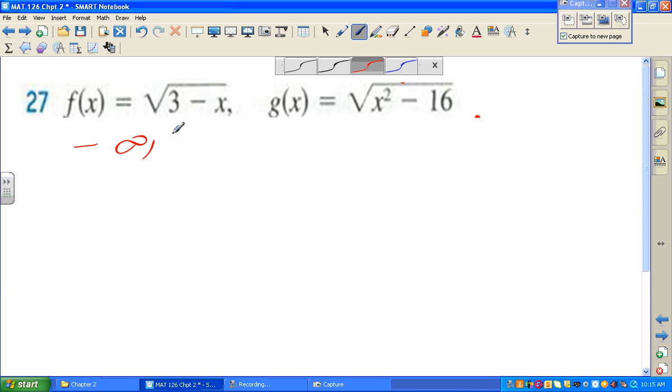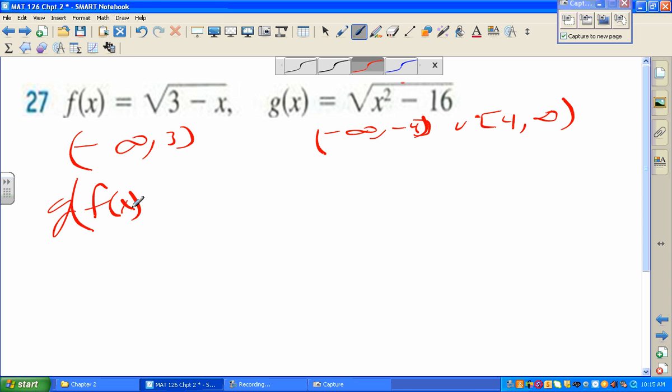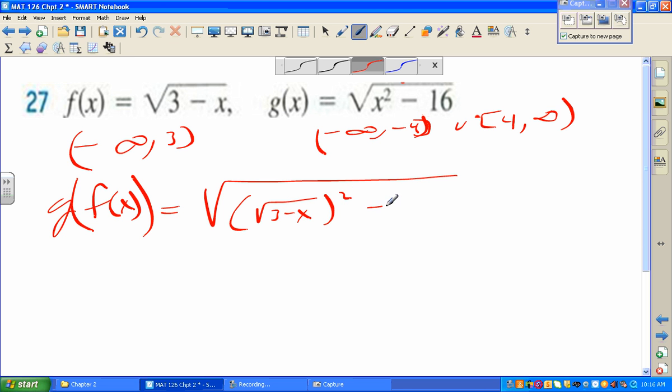Negative infinity to 3. And this one was from negative infinity to negative 4, bracket, union 4 to infinity. This one's g of f of x. The last answer must have been right because some people probably looked it up, so we'll go with it. Square root of 3 minus x squared, minus 16.